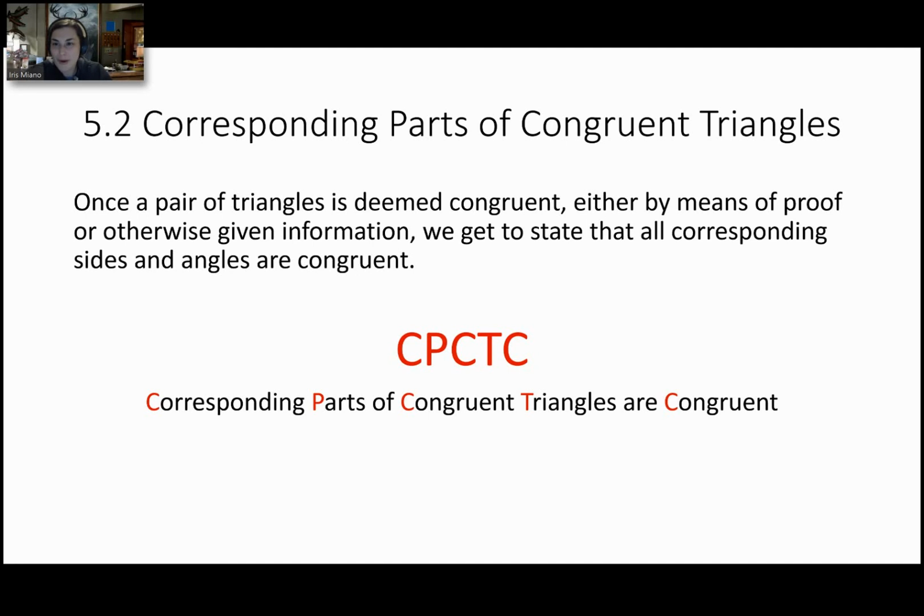If you come up with your own way of memorizing the order of letters for CPCTC, corresponding parts of congruent triangles are congruent, and you feel comfortable sharing that with the class, by all means, I would be delighted to hear this. I always like to have new, fun ways of memorizing monotonous bits of information like this.